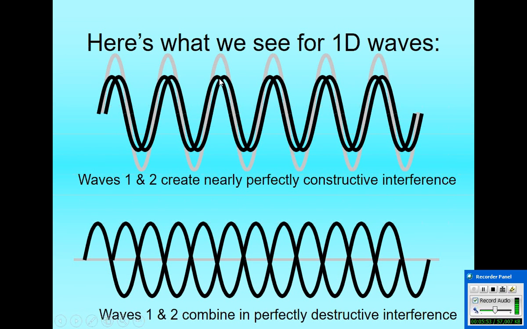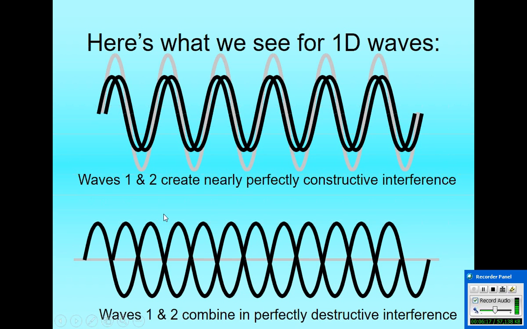I wanted to demonstrate that there are two waves there. And the more these two waves overlap, the closer we have to perfectly constructive interference. The light red wave is the combined effect.